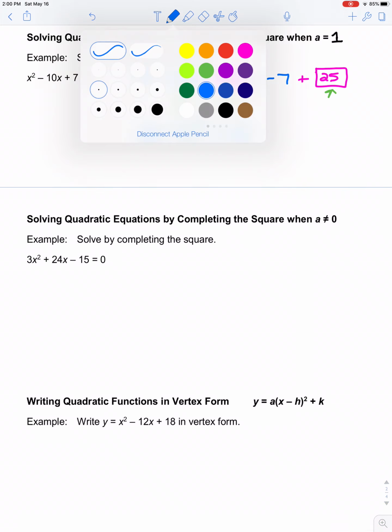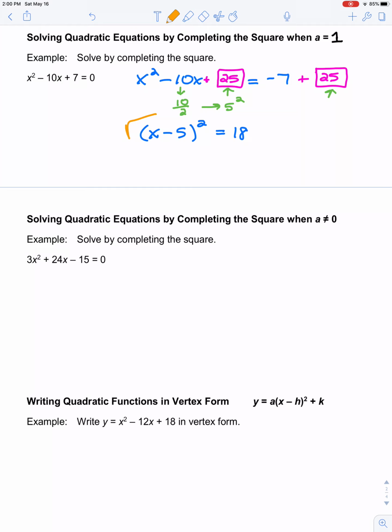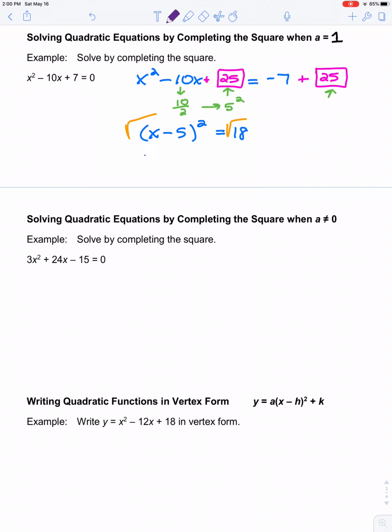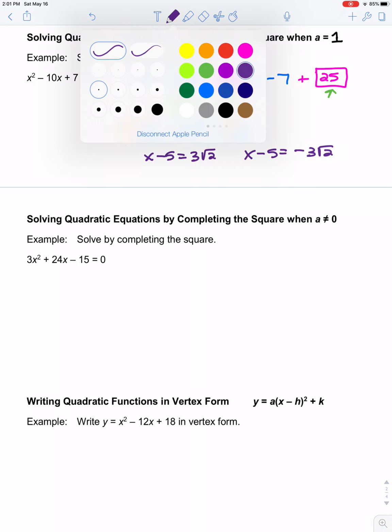Now you get to your root, both sides, and we set up the positive and the negative. So we get x minus 5 equals square root of 18, simplified is 3 root 2, and we get x minus 5 equals negative 3 root 2. So we do get two answers.